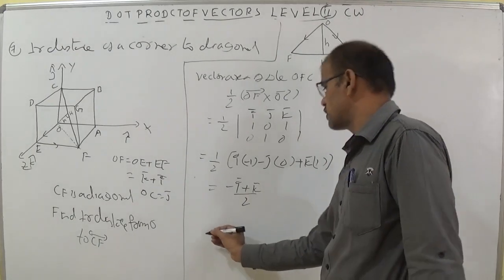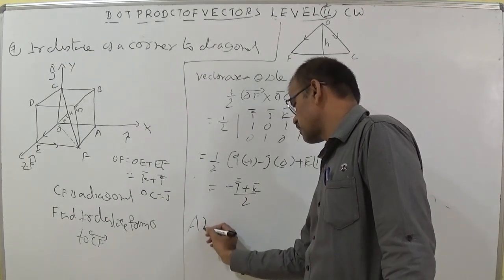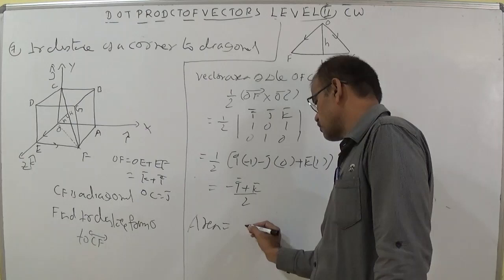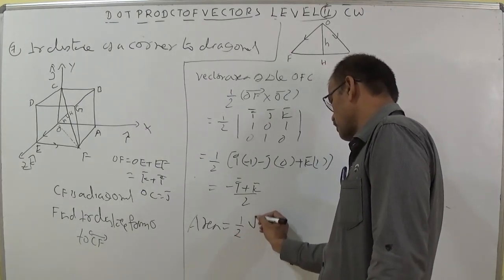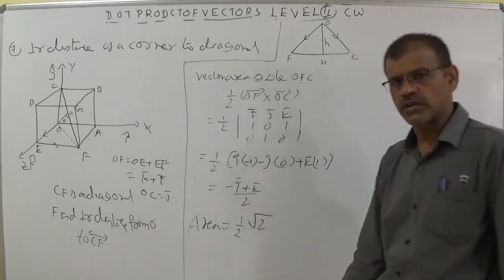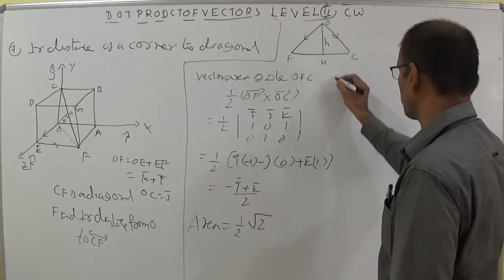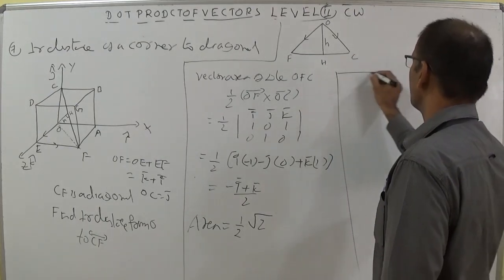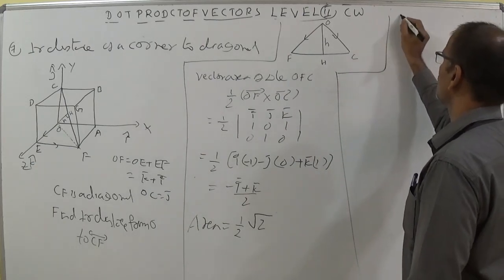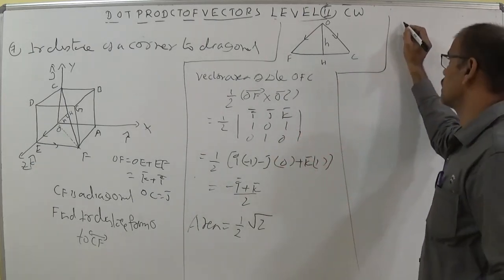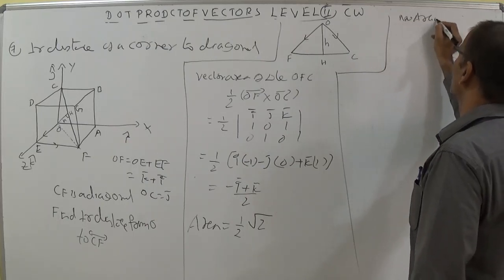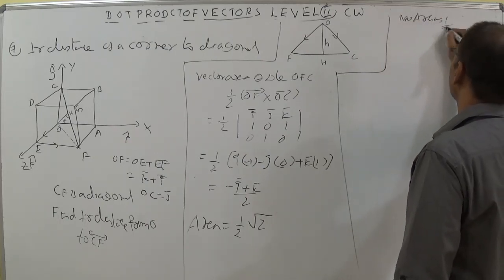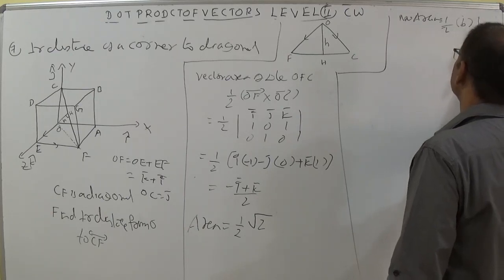Magnitude of area I am saying. Area, simply capital A, is equal to half, you take common, into root 2, because of the square of the components concept. Now equating the vector area to the general area, you write the area formula half into base into height.